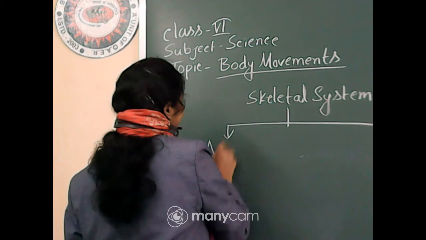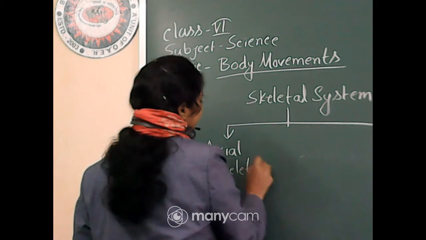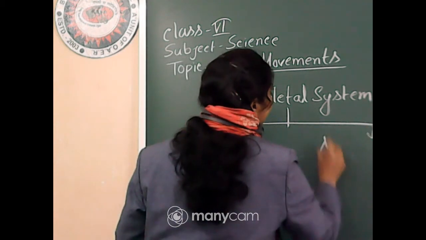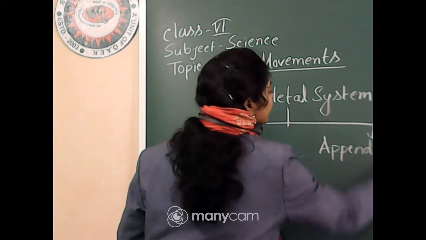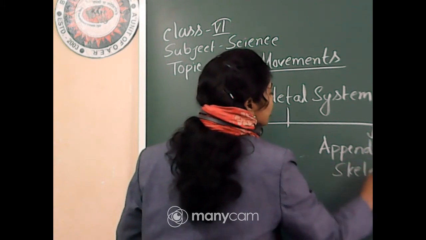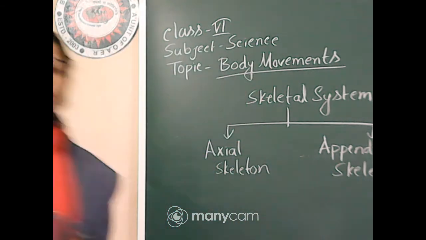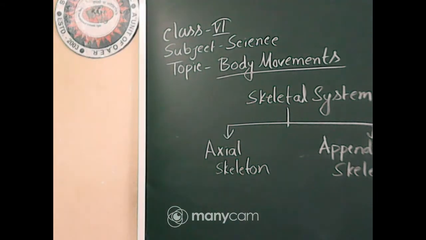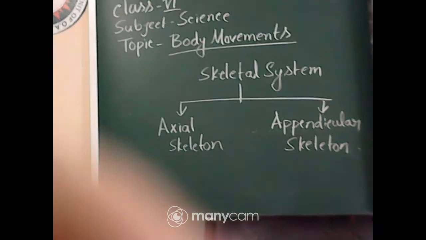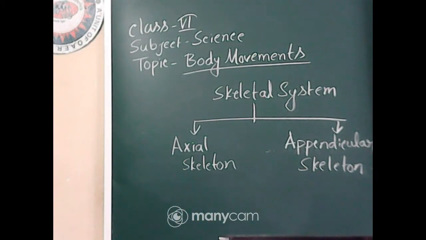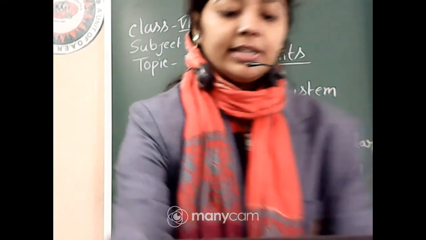One is axial skeleton, and another is appendicular skeleton. So you can say that skeletal system is made of two types of skeleton, axial skeleton and appendicular skeleton. Now can you see the board properly? Axial skeleton and appendicular skeleton.